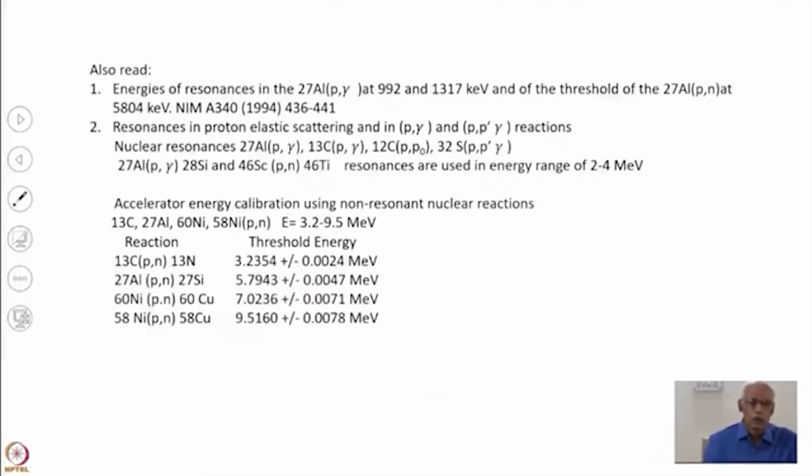I think I have also listed here 2-3 more references where you can find the resonances and the neutron threshold experiments on various targets at slightly higher energies, up to about 10 MeV. And these experiments also have been done in various accelerators, and very accurate energy measurements have been done, and the values have been found.